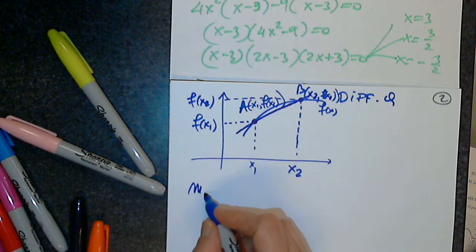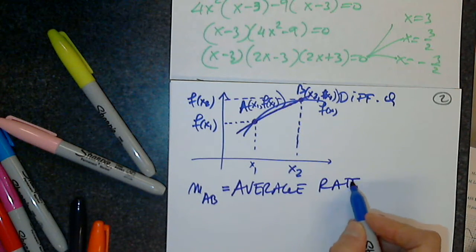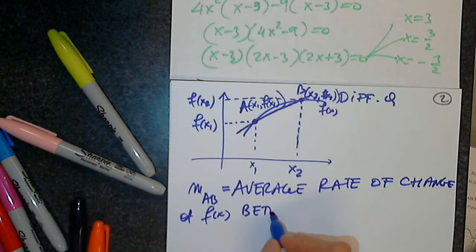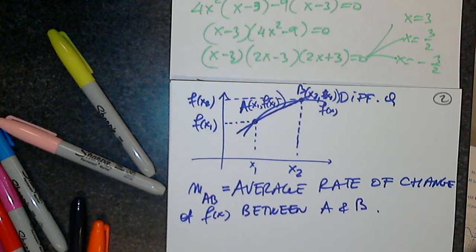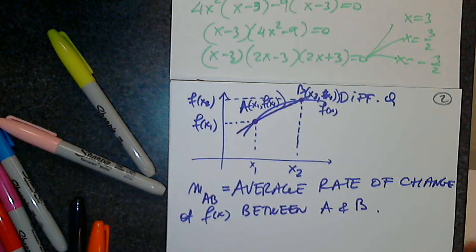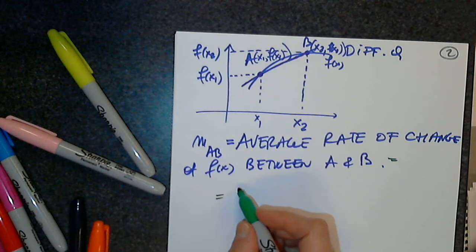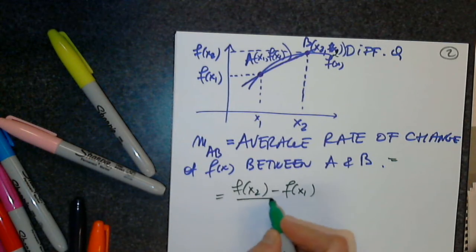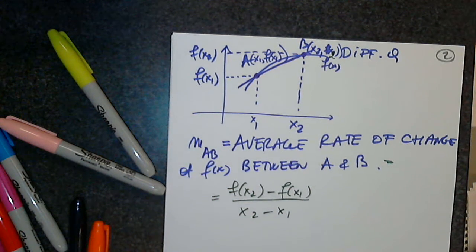The slope AB is the same as the average rate of change of f of x between points A and B. Yes, but this time the difference between them is not h, it's just x1 and x2, so it's going to be x2 minus x1.